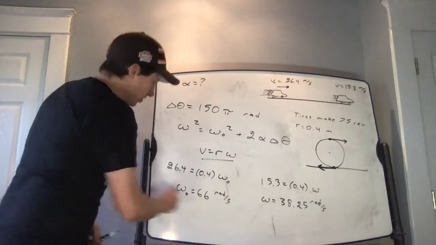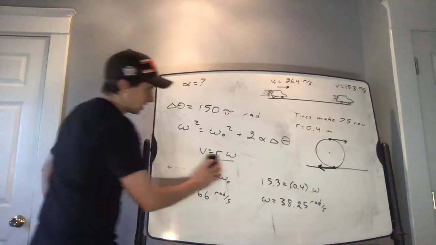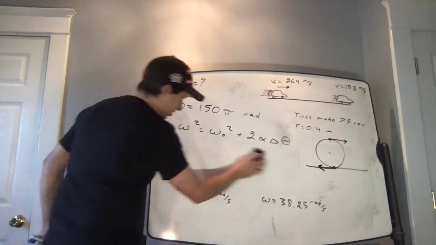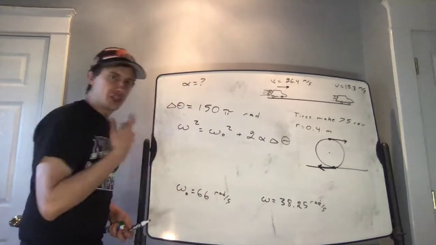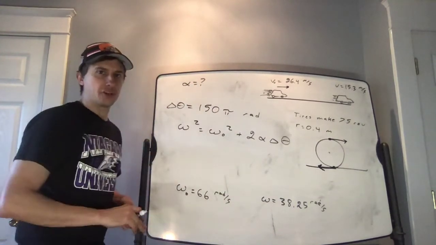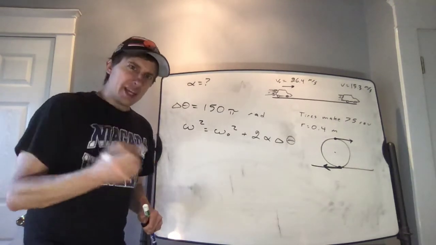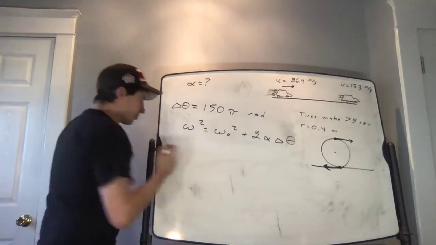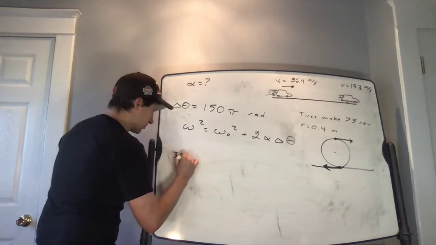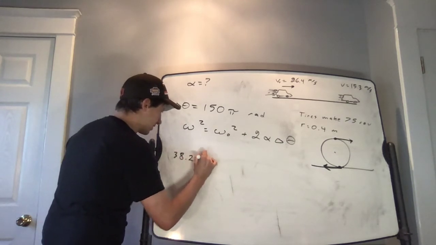Now that we have the initial and final angular velocities of the tire, and the angle through which the tire rotates, we have enough information to find the angular acceleration of the tire. So the final angular velocity of the tire was 38.25 radians per second.